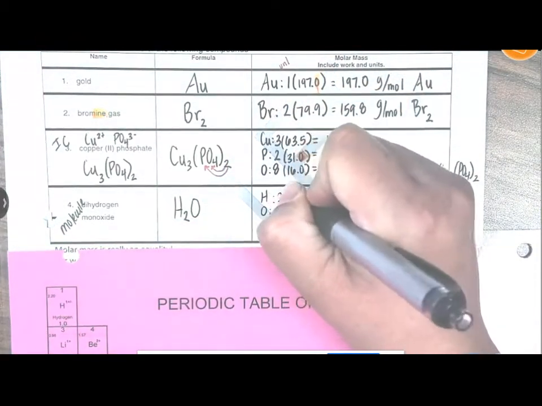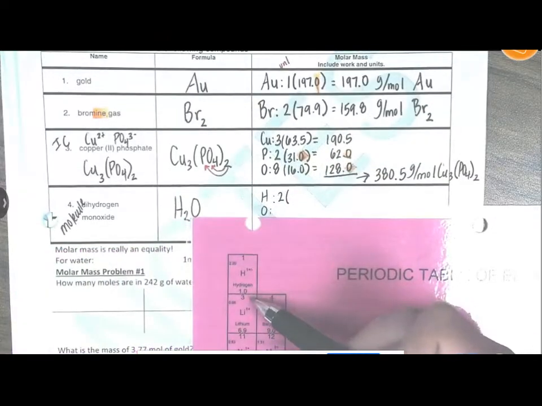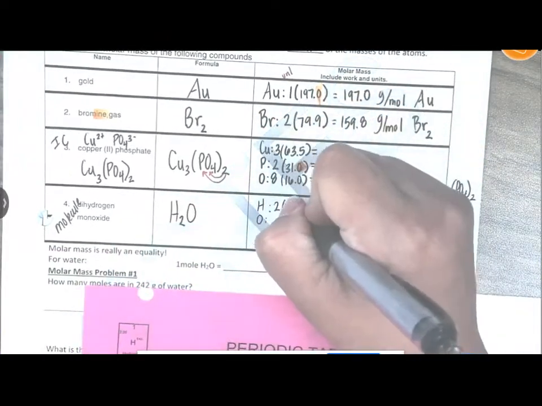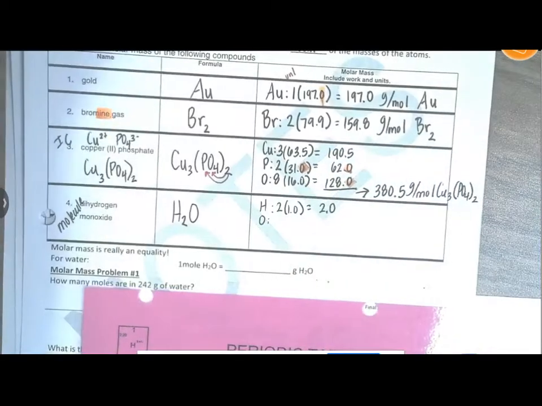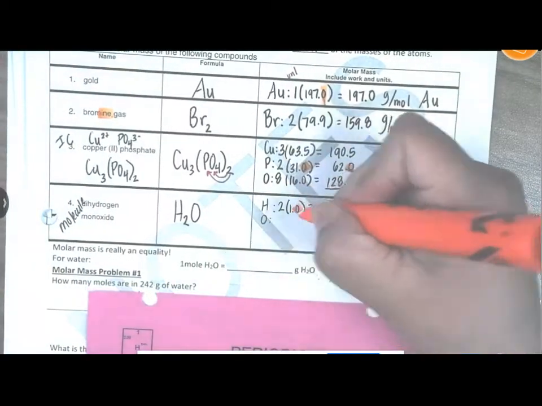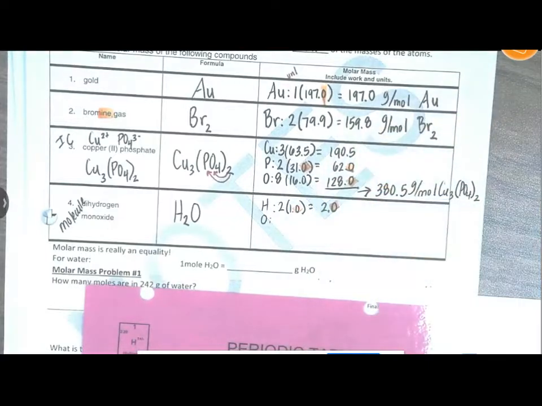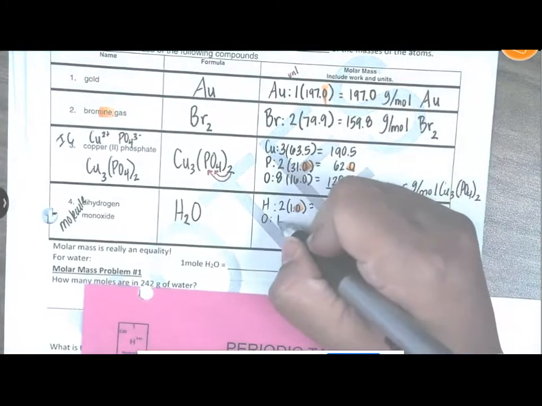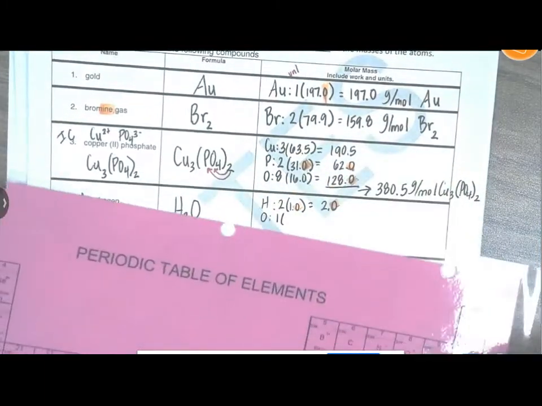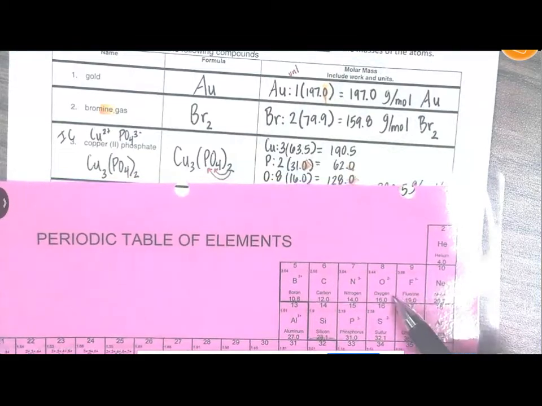H, I have 2 times the value, which is 1.0. So I get 2.0. Once again, that 0 is significant. I can't forget about it. I have to have a digit in the tenths place, even if it's a 0. Same thing with oxygen. That is O, 16.0.